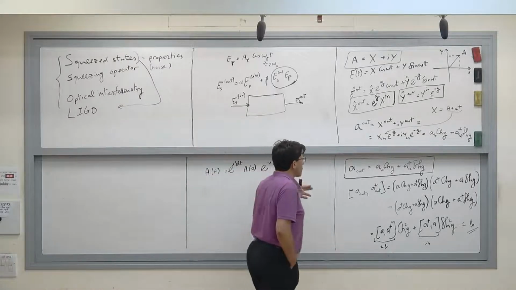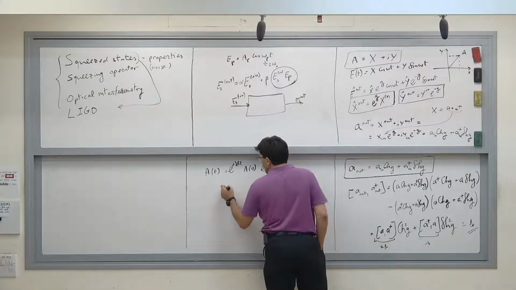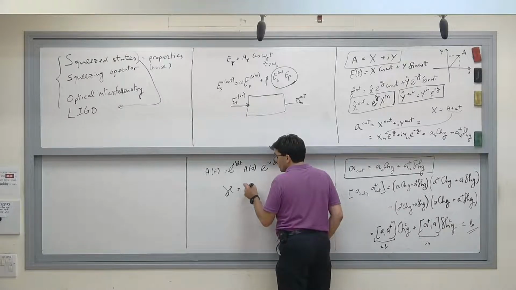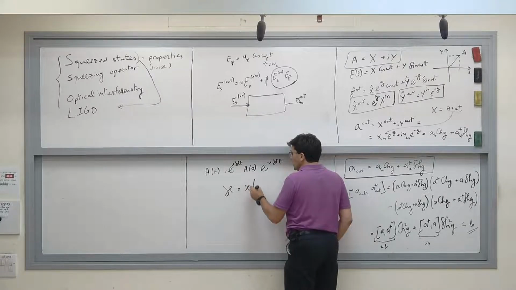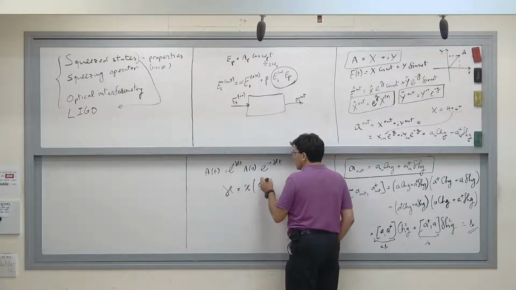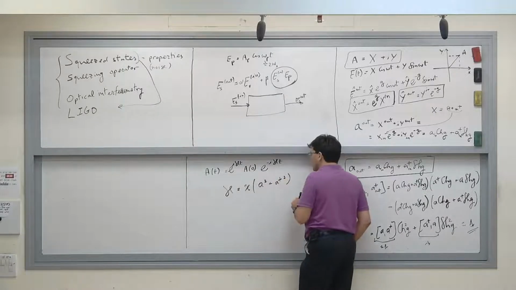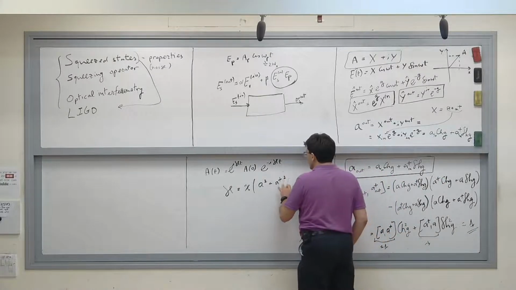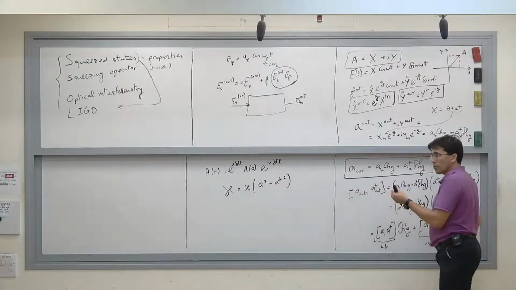So I want to show you that we know something about this. I want to claim that the Hamiltonian that does that is, times some parameter chi, times A squared plus A dagger squared. I'm claiming that this is the Hamiltonian that does this.